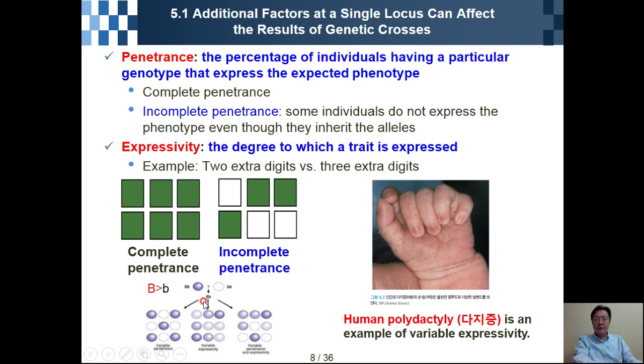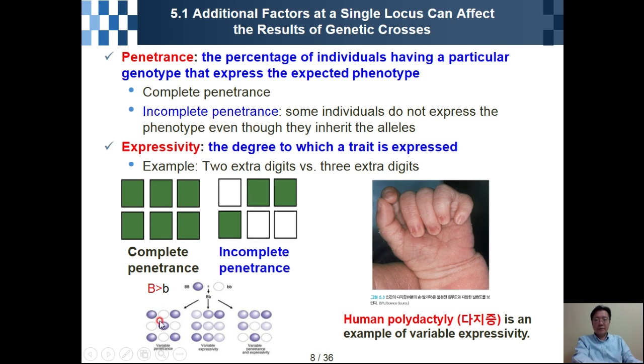Large BB shows the blue phenotype, and small bb has the white phenotype. When they cross to each other, they make large B, small b. Theoretically, all of the offspring should have the blue color. So this is complete penetrance. But in some cases there is incomplete penetrance.